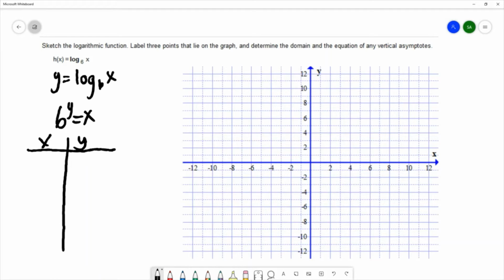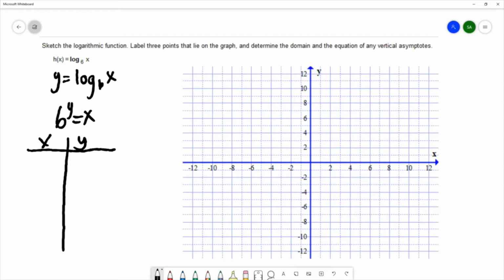Typically, we would choose values for x and find the values for y, but since I've rewritten this equation as 6 to the y equals x, I'm going to choose values for y and find the x.